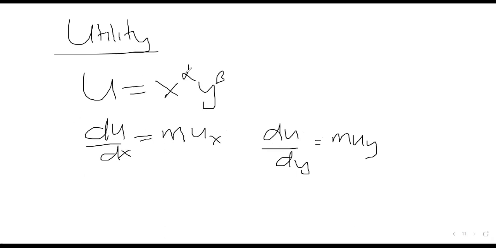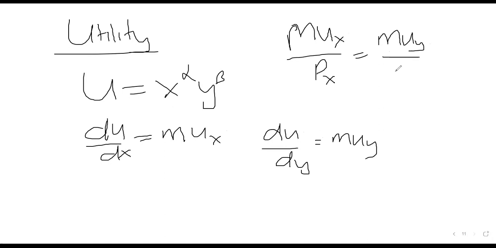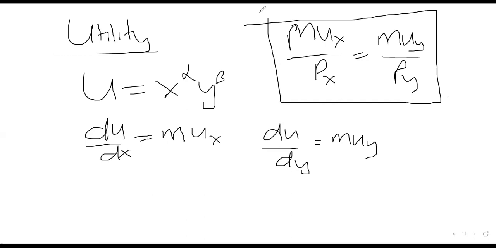So to maximize utility, the price of x times the marginal utility of x must be equal to the price of y times the marginal utility of y. So this is what we call the optimum bundle.